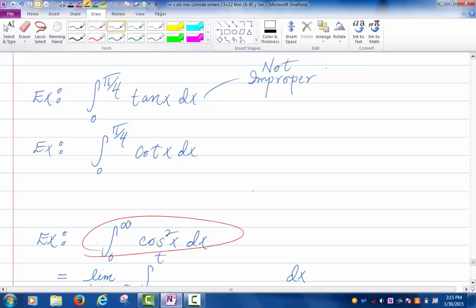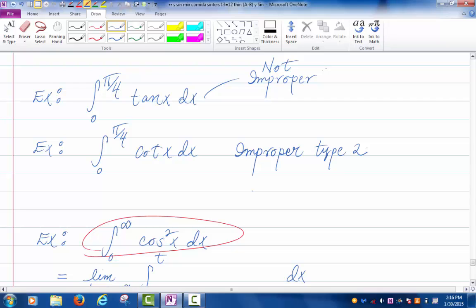Now I have the same interval, but I am integrating cotangent of x. Which type is it, type 1 or type 2? It is improper, and it is of type 2, because the interval is finite. The integrand has a discontinuity at 0.